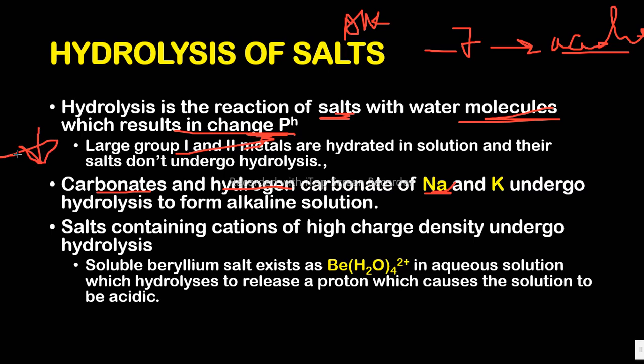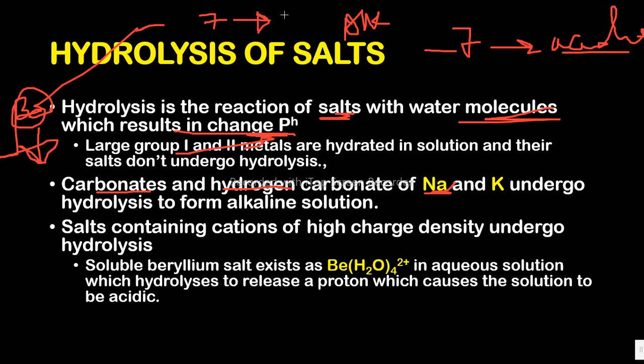Okay? But for these smaller ions of group 1 and group 2, the beryllium, okay? Beryllium, for instance, it can undergo hydrolysis. And so if you get a solution of any soluble salt of beryllium, maybe beryllium nitrate, beryllium chloride, and you dissolve it in water, instead of the pH remaining at 7, it will undergo hydrolysis, okay?